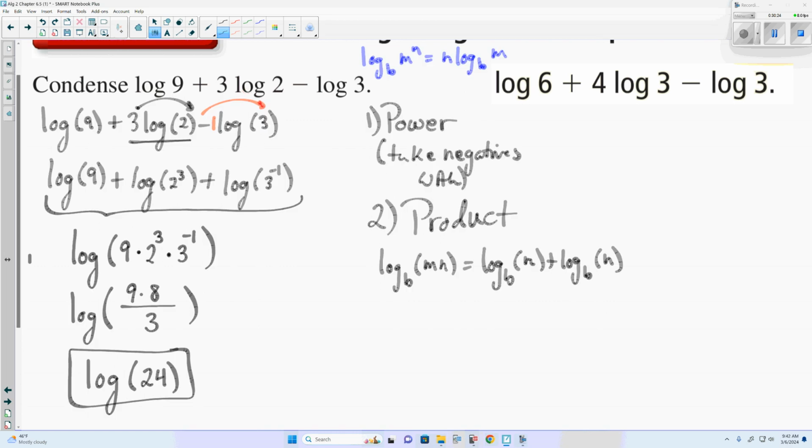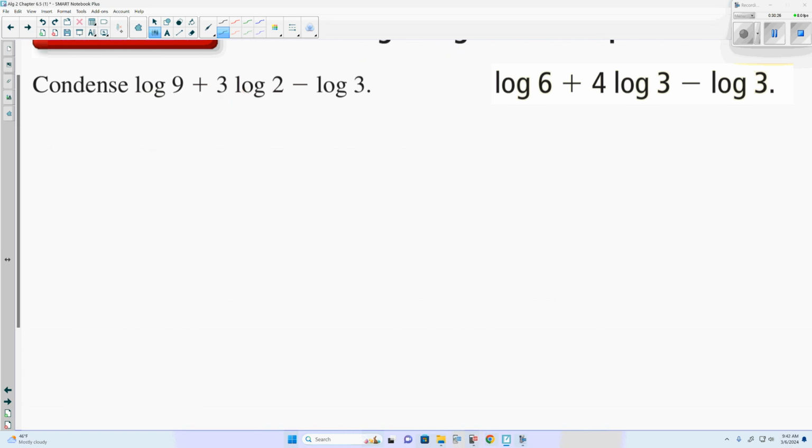All right. I'm going to clear some of that up so I have a little more room for the other side. Now again, first step, first part of this here is powers. Log of 6 has positive 1 in front, so it's just going to stay log of 6 plus. We're going to move the 4 up. Telling us this is log of 3 to the 4th.